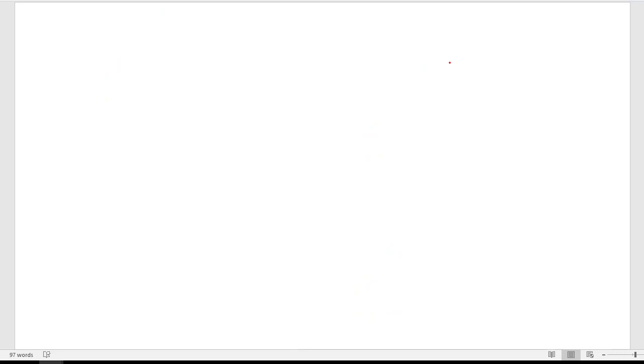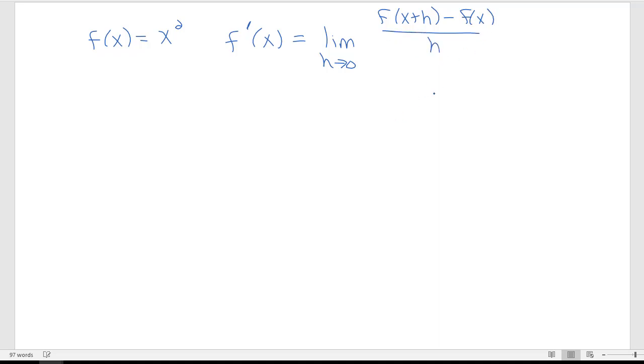All right, so again, for this example, I'm pretending now that I know the function had an equation f of x equals x squared. And what we want to do is find the derivative for all values of x. So again, that's going to be the limit as h goes to 0 of f of x plus h minus f of x all over h. Okay. So we're going to construct this difference quotient and then do a limit.